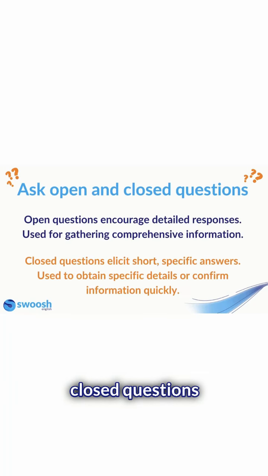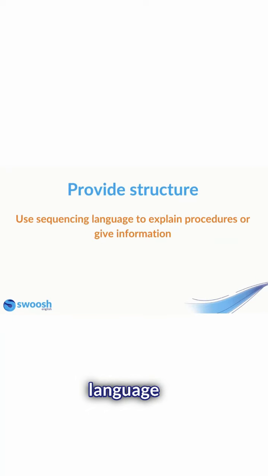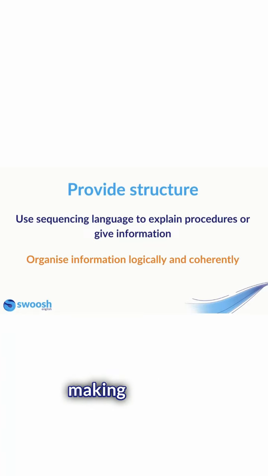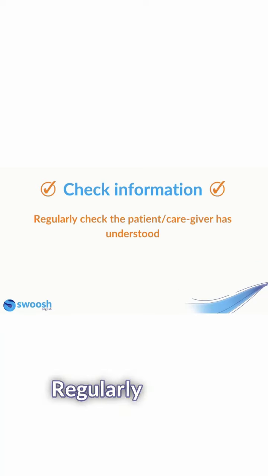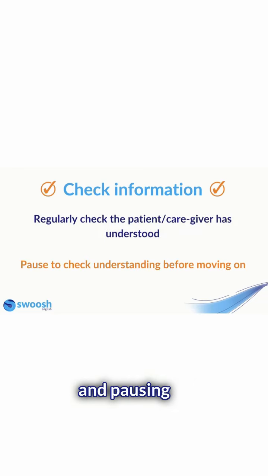Whereas closed questions elicit short, specific answers, use of sequencing language to explain procedures or give information, and making sure that you're organizing information logically and coherently in a way that the patient or caregiver can easily understand. Regularly check the patient or caregiver has understood, and pausing to check understanding before you move on.